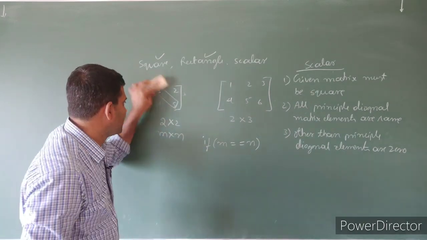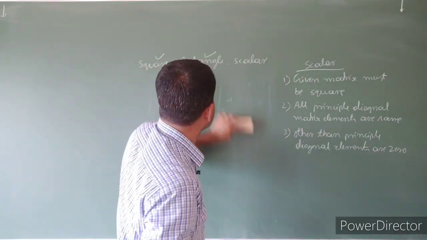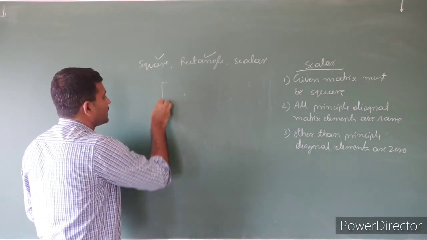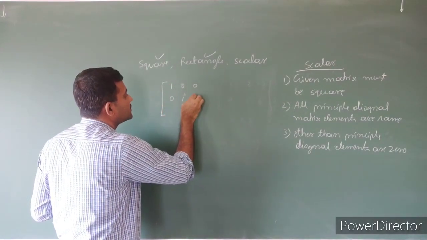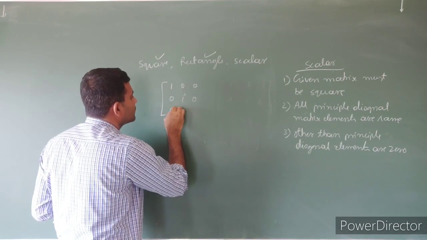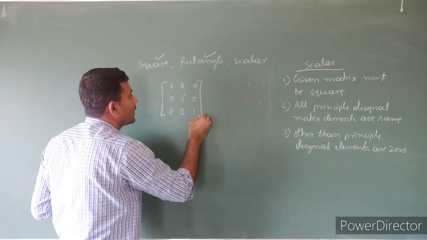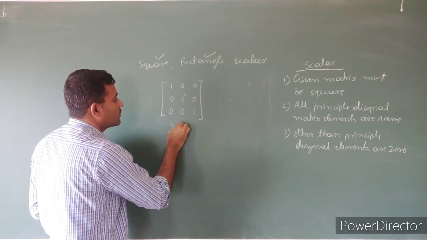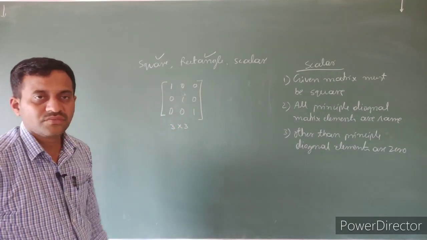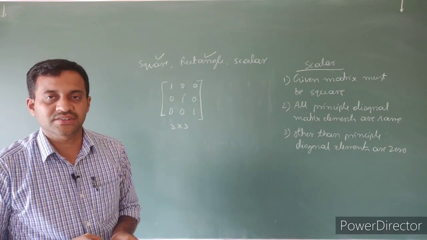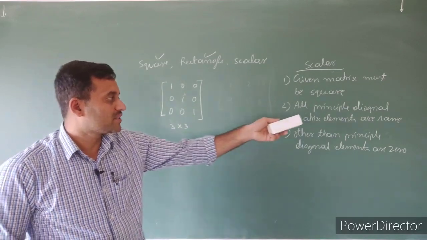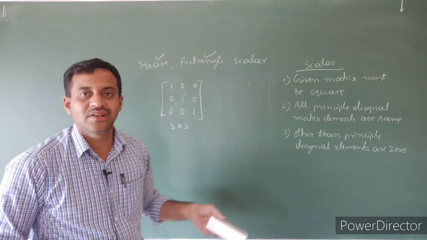See the example. The example is 1 0 0, 0 1 0, 0 0 1. The order of the matrix is 3 rows 3 columns. It satisfies the first condition. Given matrix is a square matrix. Then second one is all principal diagonal elements are same.